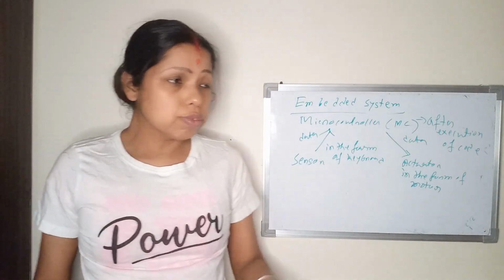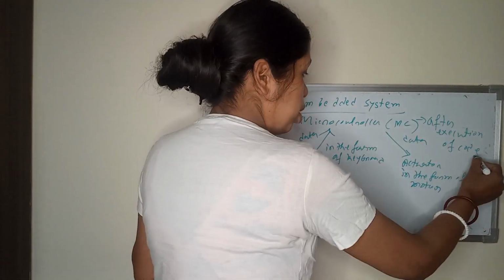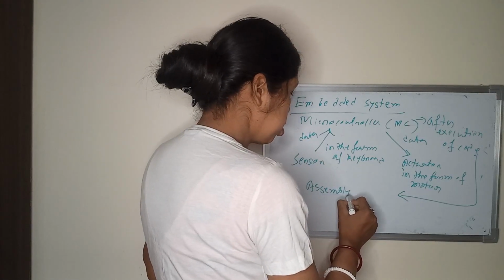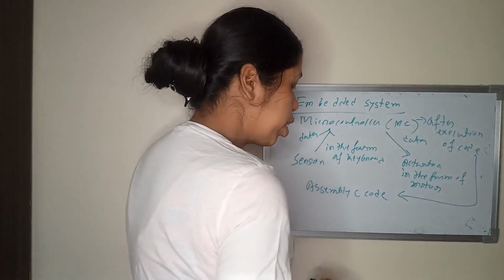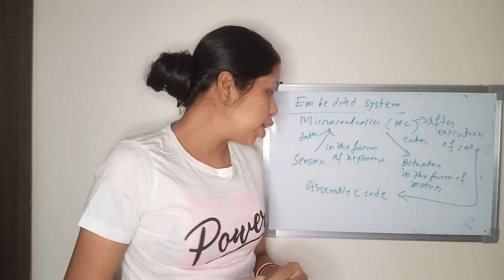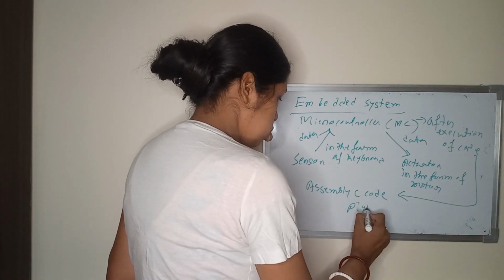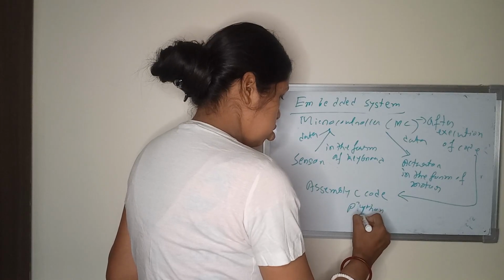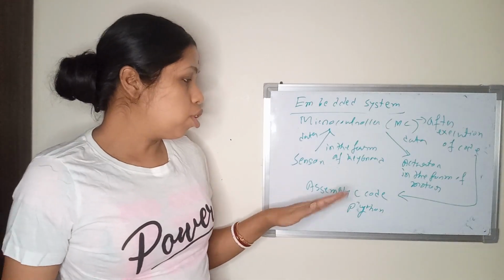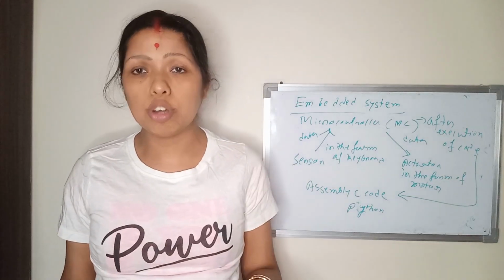So, the code is normally based on assembly or C code. In the advanced version, you can use Python code also. Normally you will have one piece of software, the microcontroller board, and the software.